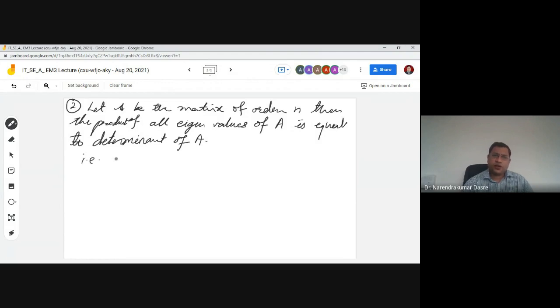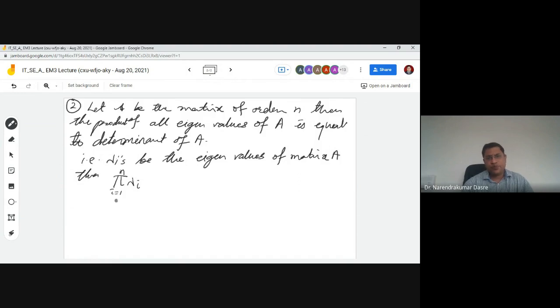Let lambda i's be the eigenvalues of matrix A. Then the product, which is denoted by pi, with i running from 1 to n, of all lambda i's is equal to the determinant of A.